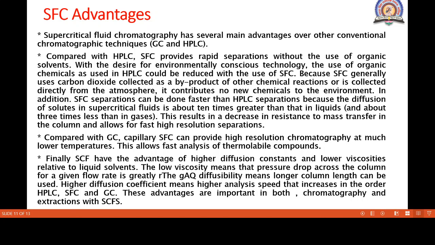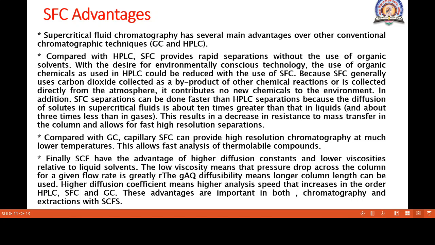Compared with GC, capillary SFC can provide high resolution chromatography at much lower temperature. This allows a fast analysis of thermolabile compounds. SFC has the advantage of higher diffusion constant and lower viscosity relative to liquid solvents.